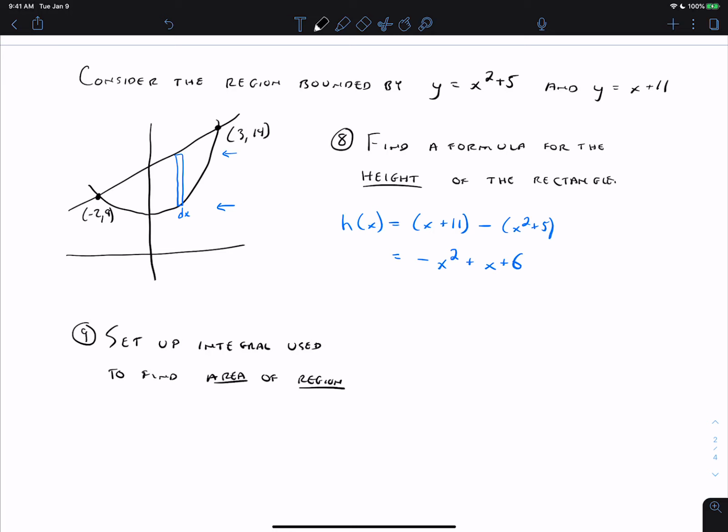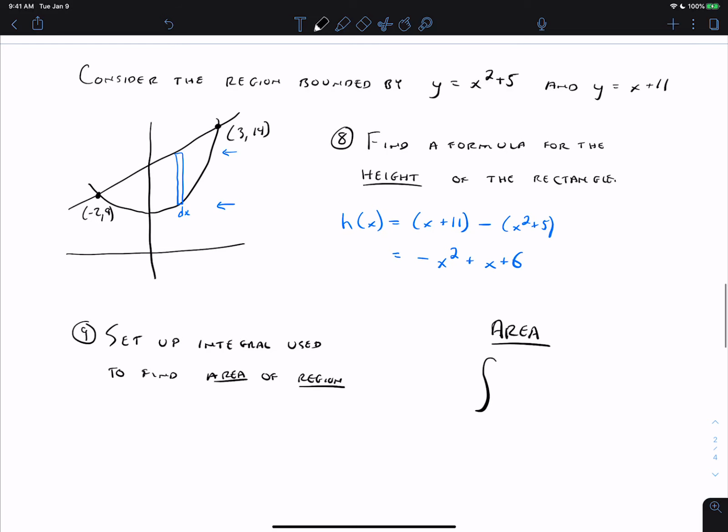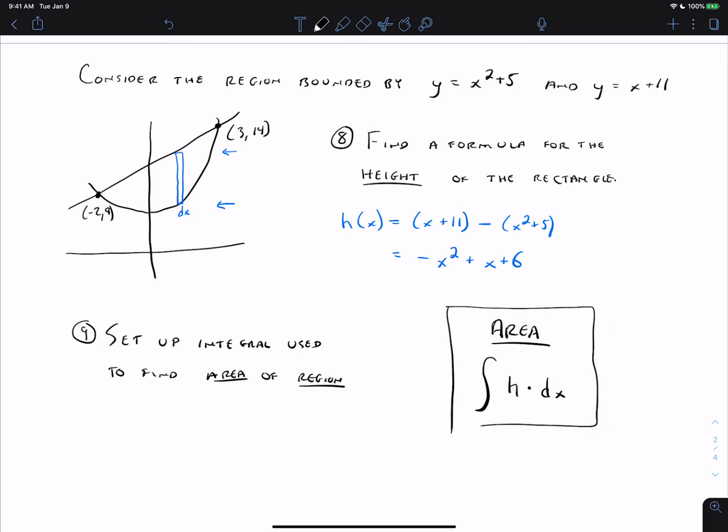So in general, we can think about area as being the integral of the area of the rectangle. Well, the area of the rectangle is going to be base times height. So it's the height of the rectangle times the base of the rectangle, which is dx. In some problems, the base of the rectangle would be dy.